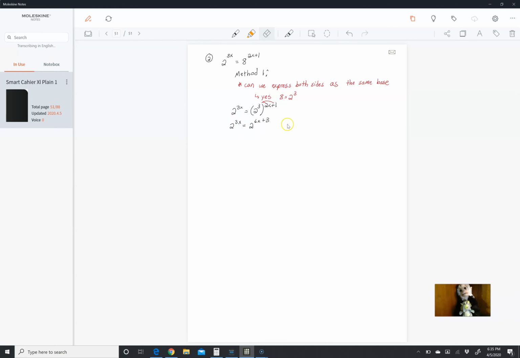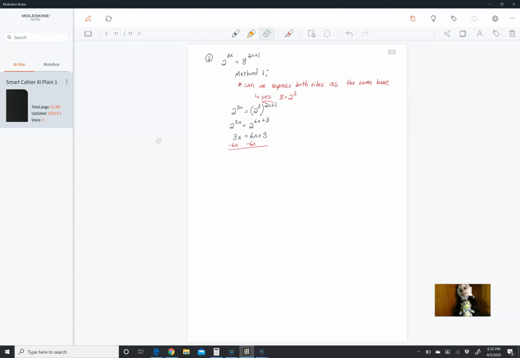Well, now we could go through and say, okay, the bases are the same, so the exponents are the same. And it's just what we did in the previous problem. 3x is equal to 6x plus 3. And this is a linear equation, okay? So we can move the 6x over to the other side by subtracting it. Subtract 6x on both sides.